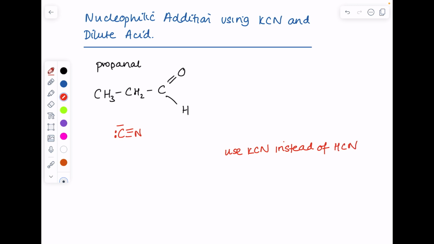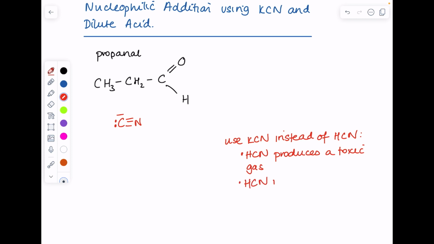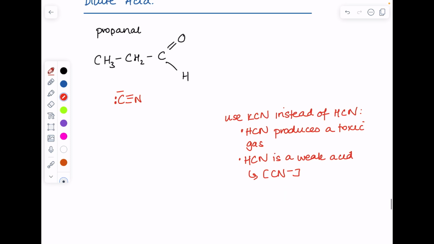And the reason for that is because HCN produces a toxic gas. And the other issue is that HCN is a weak acid, meaning that the concentration of cyanide ions is too low, so the rate of reaction is too slow.